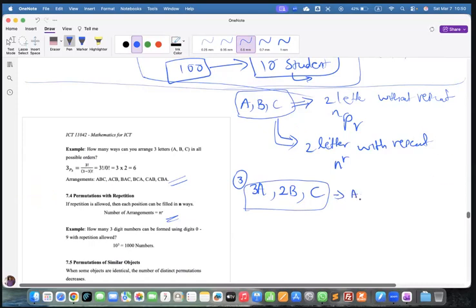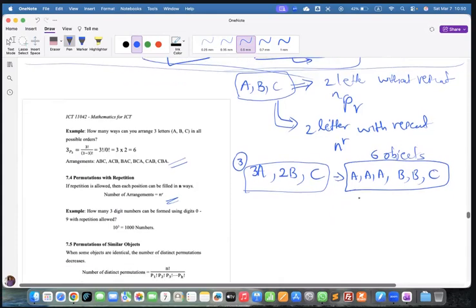Now you have three A's, two B's, one C. So how many objects do you have? 6 objects, right? In these 6 objects, A happened 3 times, B happened 2 times, and one C is there.